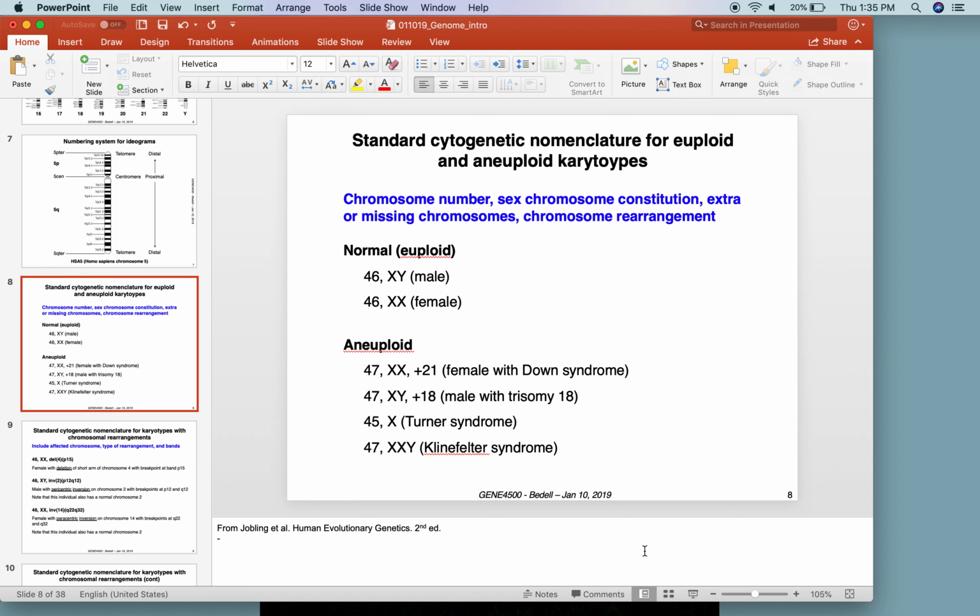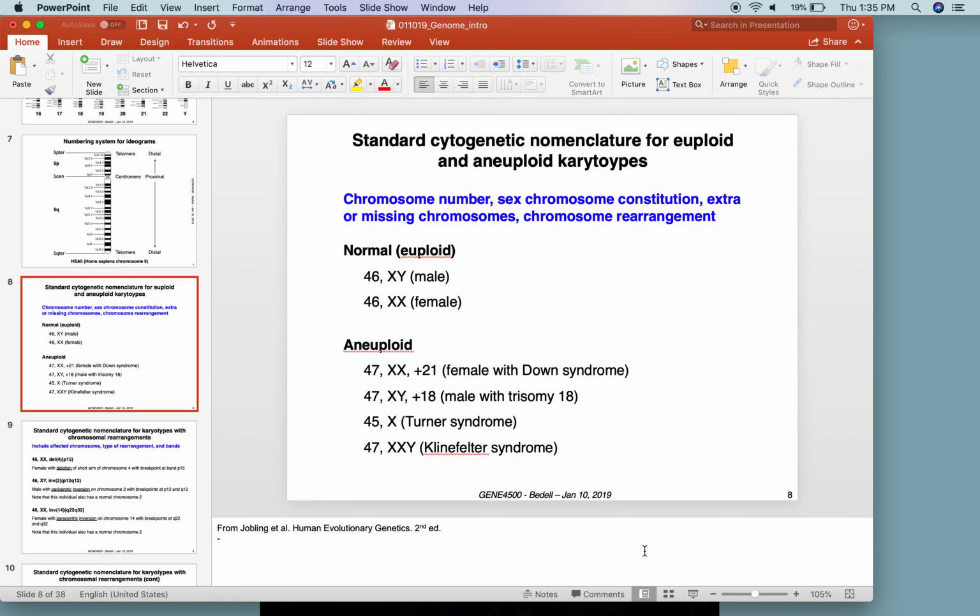Remember the terms euploid and aneuploid. So the aneuploid, 47, means there's one extra chromosome. This is a female, and she's got an extra chromosome 21. It's not telling you that there are 3 chromosomes 21, of course, but since you know there are 47 chromosomes total, that means there are the normal 2 copies of chromosome 21 plus an extra one.